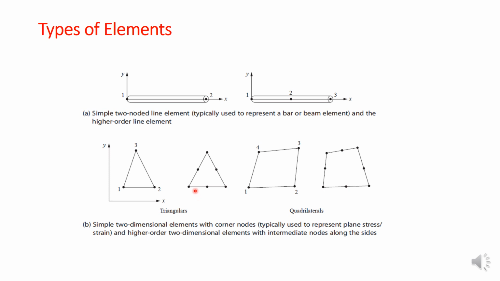We obtain this six-noded element by adding mid nodes in between the side nodes. Here we also have an 8-noded quadrilateral element, which we obtain by adding mid nodes to the quadrilateral element. So these are the one-dimensional and two-dimensional elements.